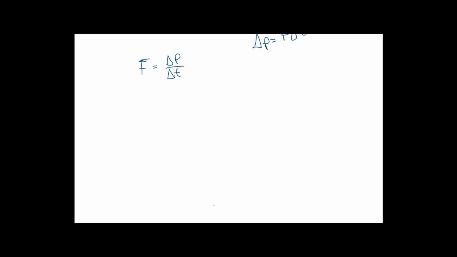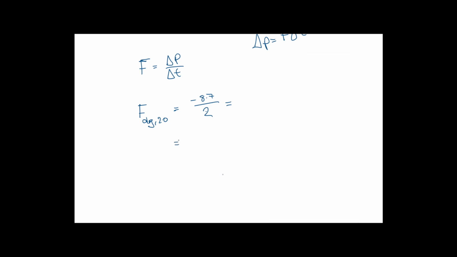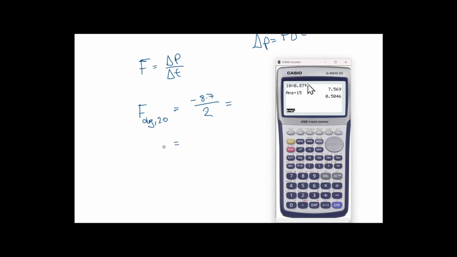Okay, so we know that the change in momentum is going to be 8.7. So the force that the dog feels in, say, 2.0 seconds is going to be 8.7, it's already in SI units, divided by 2. And that's going to be some number, and we're going to work it out on our calculator.